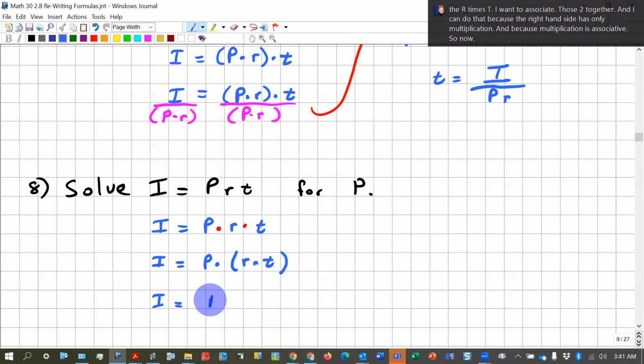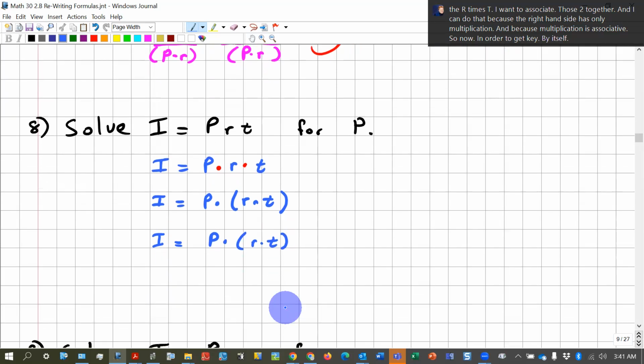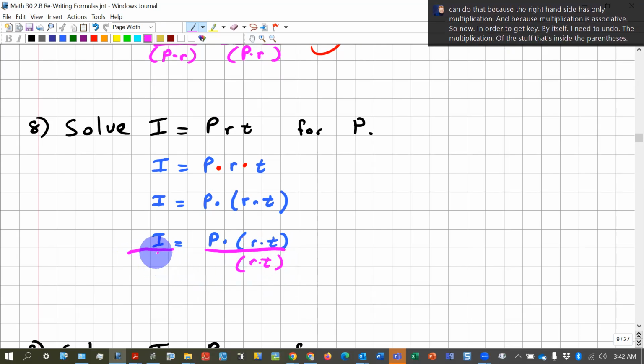in order to get p by itself, I need to undo the multiplication of the stuff that's inside the parentheses, which is r times t.